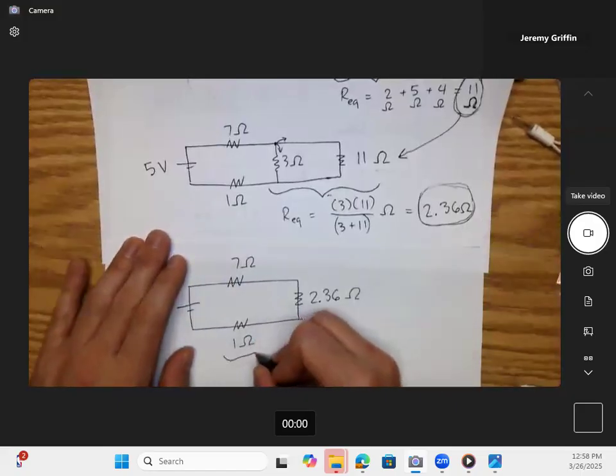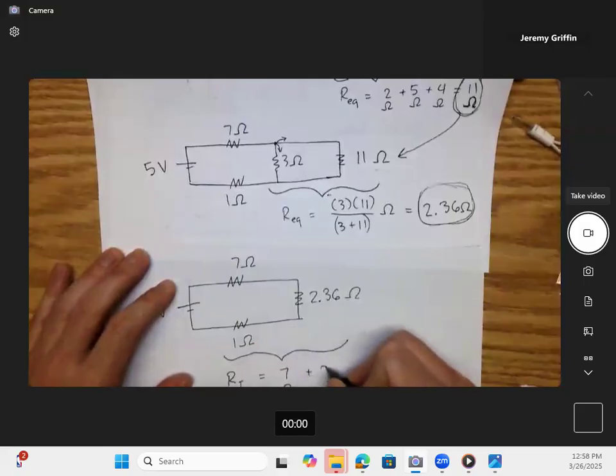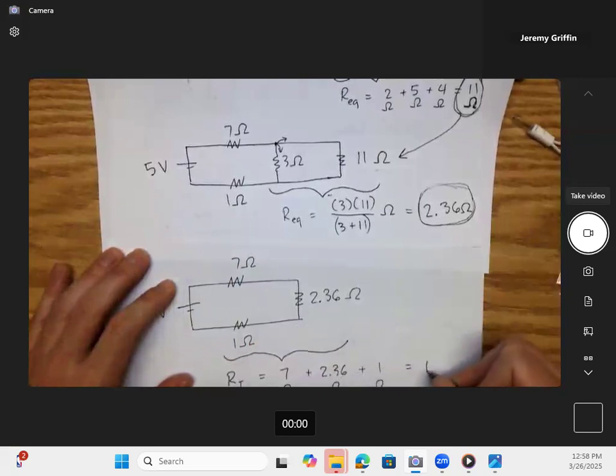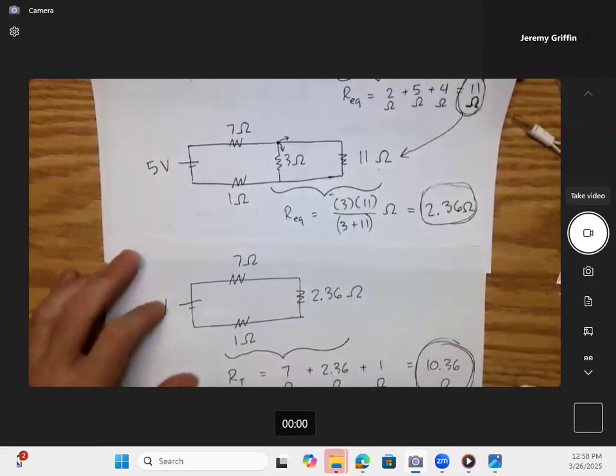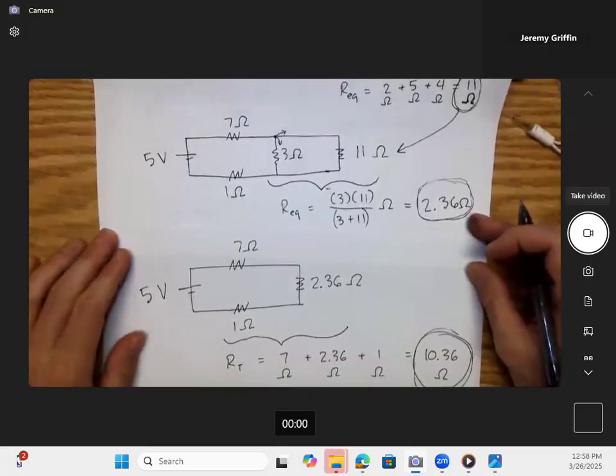Okay. Now these resistors are in what with each other? Series or parallel? Series. So can you just add them up? Yep. Add them up. And is that a multiple choice answer on my page?